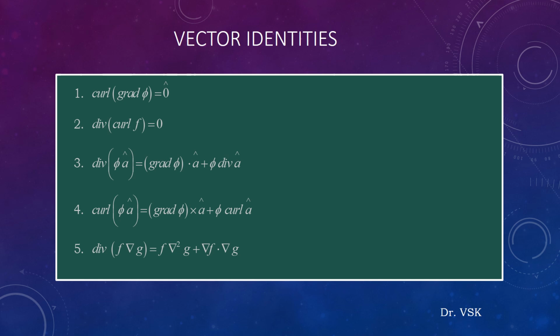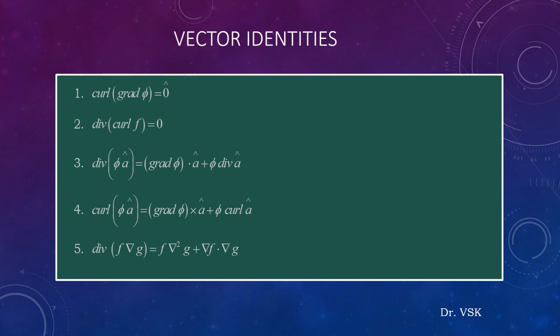The second vector identity is the divergence of curl f equals 0. In this identity, f is a vector field. So we can find out its curl. Curl f is also a vector field. If we apply the divergence operator on curl f, we get 0.